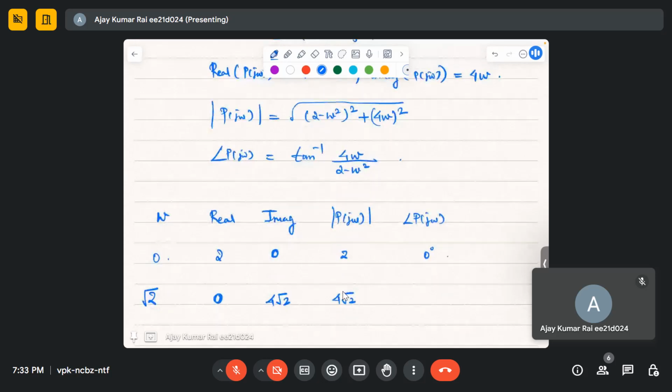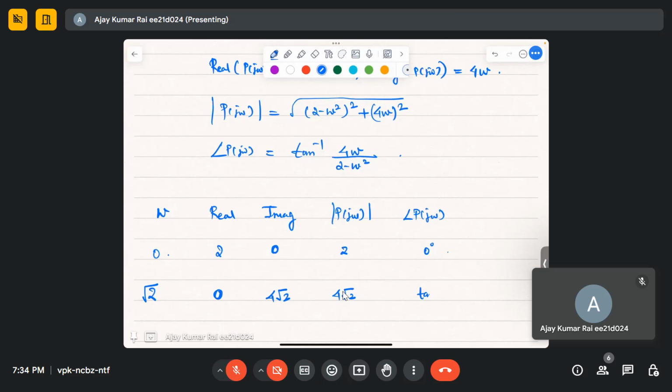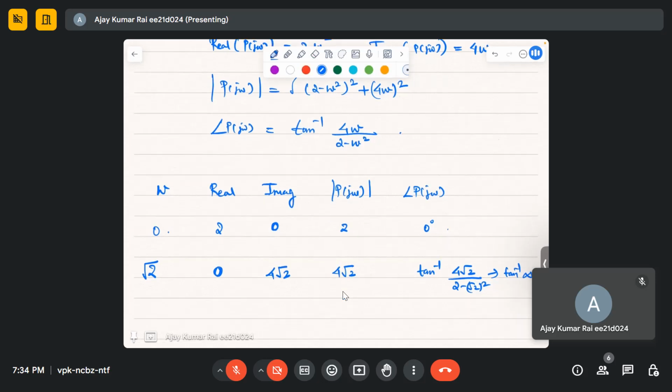Let's see what the angle is at root 2. 4 into root 2 over 2 minus root 2 square. So the denominator will become 0, and so tan inverse of what you will get? Infinity, right? Tan inverse of infinity, which is equal to 90 degree.